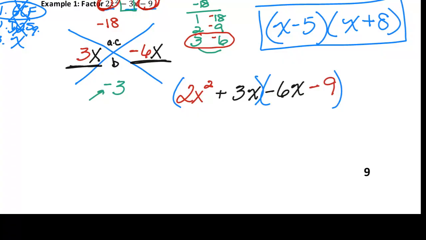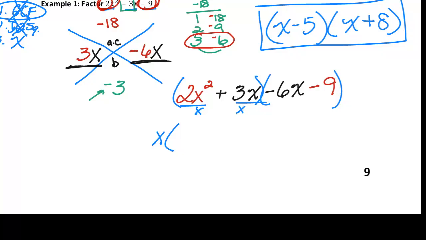What is the greatest common factor, EJ, of 2x squared plus 3x? Does 2 divide into 3 evenly? No. An x, yeah. I can take out an x, right? So that's your greatest common factor. Bring that out front. When you take out 1x, what do you have left from that first term?